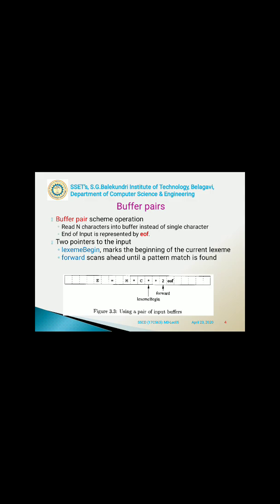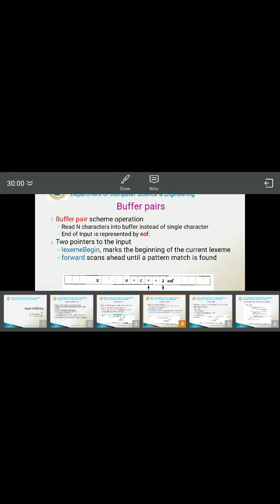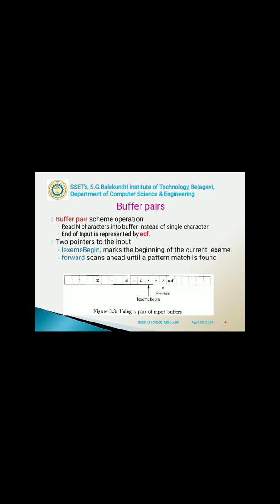In this example, lexeme begin is kept at the first star. Then it processes, encounters another star, then looks at another character. When it comes to the 2, the lexical analyzer has recognized a lexeme, that is star star. Now the lexical analyzer is going to retract left one character.